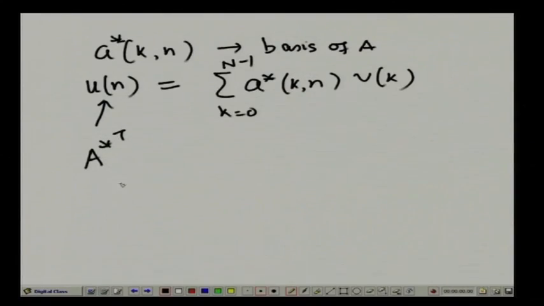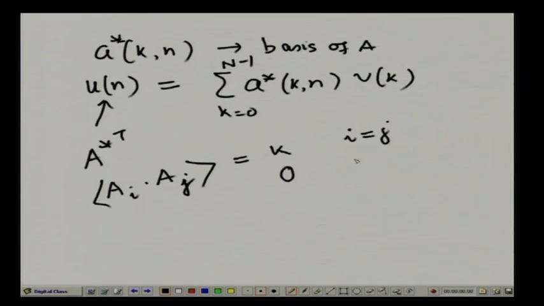So, if I take two columns A i and A j and take their dot product, it will be equal to some constant k whenever i is equal to j, and equal to 0 whenever i is not equal to j. If this property is followed, then the matrix A will be a unitary matrix.